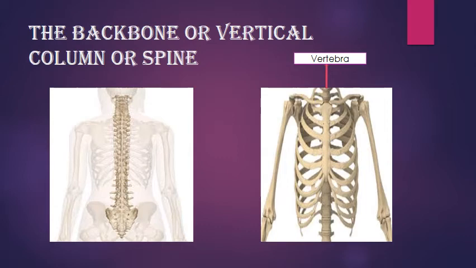Now next we have the backbone, or the vertebral column, or spine. The spine is directly attached to the head, and it is made up of 33 small irregular bones, out of which a few are fused, so we count them as 26.